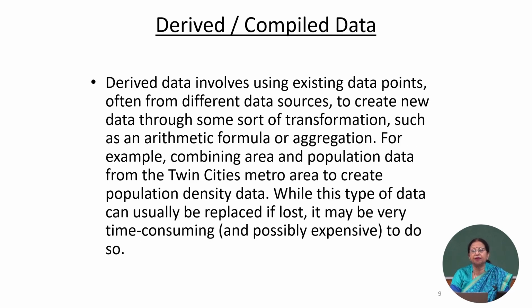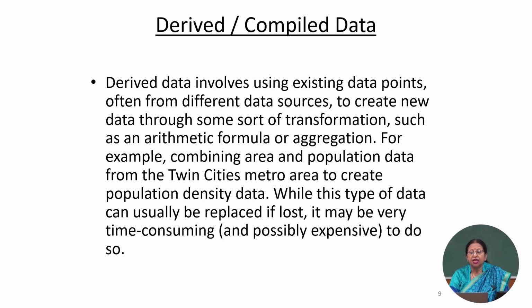Now, derived and compiled data also we covered in the last lecture. Derived data involves using existing data points, often from different data sources, to create new data through some sort of transformation, such as arithmetic formula or aggregation.